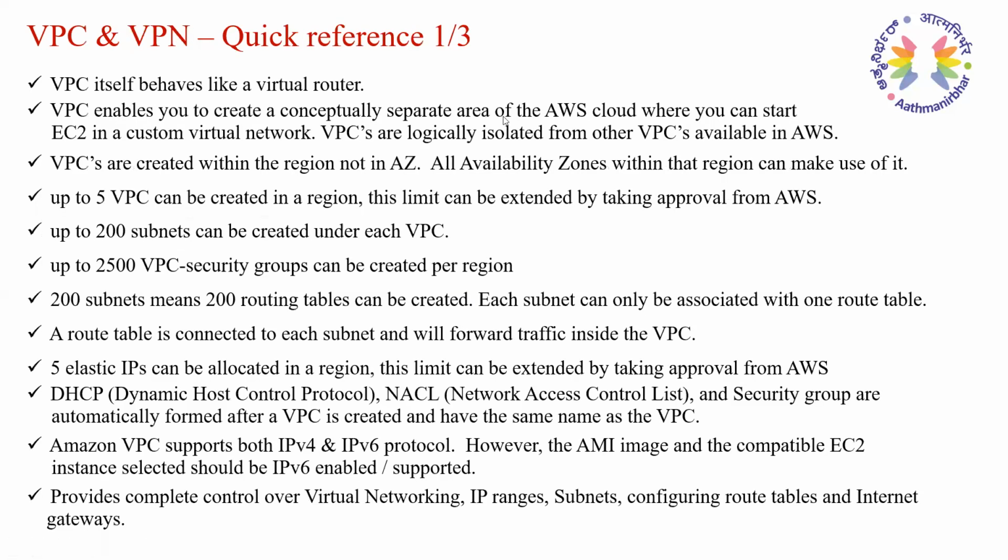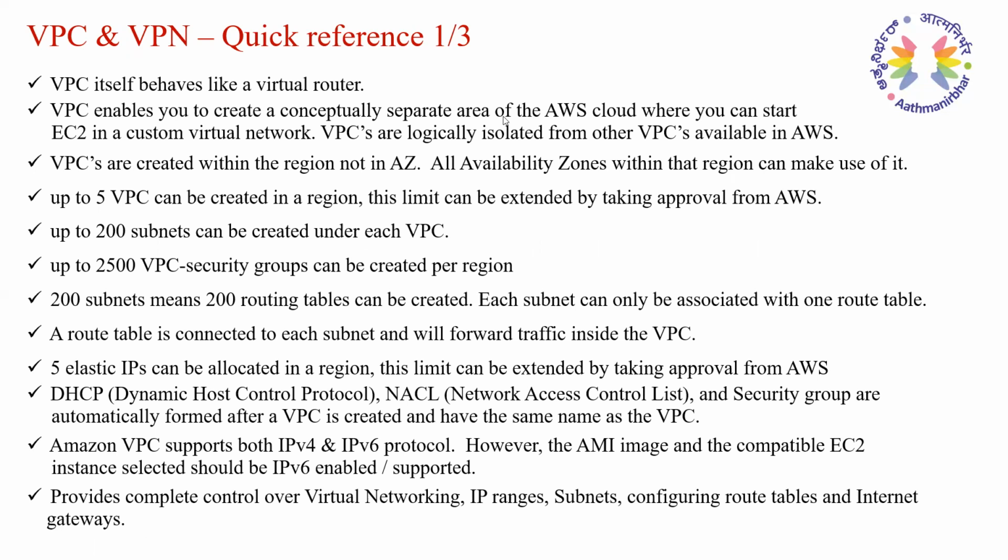The next one is virtual private cloud and virtual private networking. Quick reference: VPC itself behaves like a virtual router. VPC enables you to create a conceptually separate area of the AWS cloud where you can start EC2 instances in a custom virtual network.